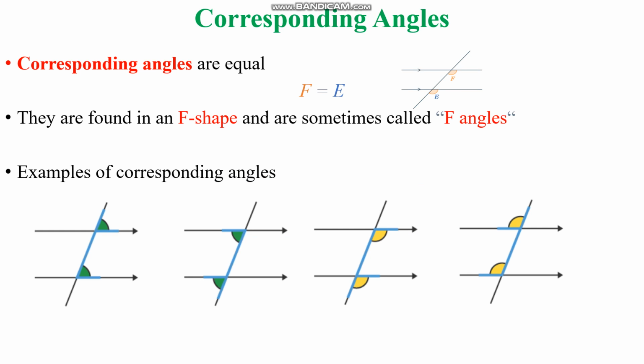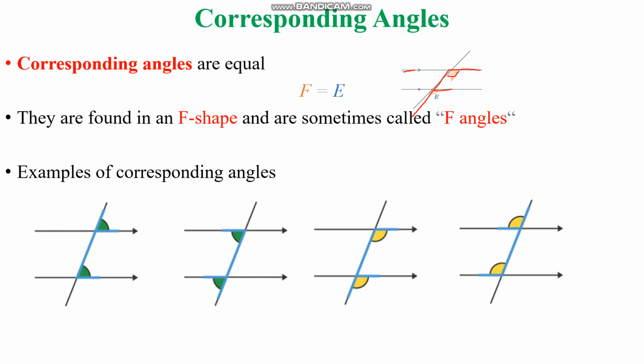So now the first set of angles that we are going to look at are called corresponding angles. So if you're given a set of parallel lines like this one, and then the transversal cuts the parallel lines, the angles that are formed here, like for example the angle F and E, they are equal, and sometimes they are called F angles because if you look at them, they kind of form an F shape.